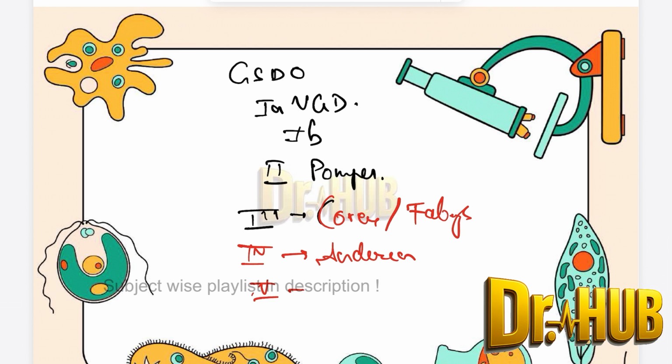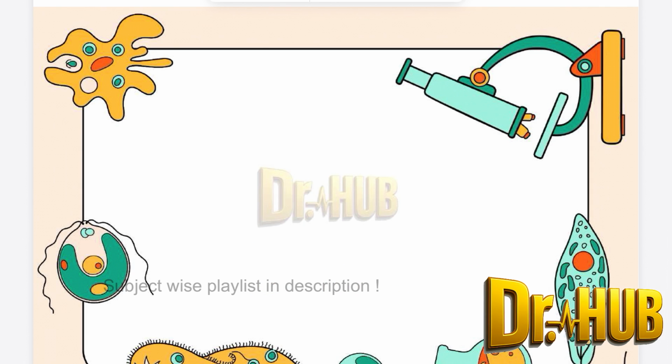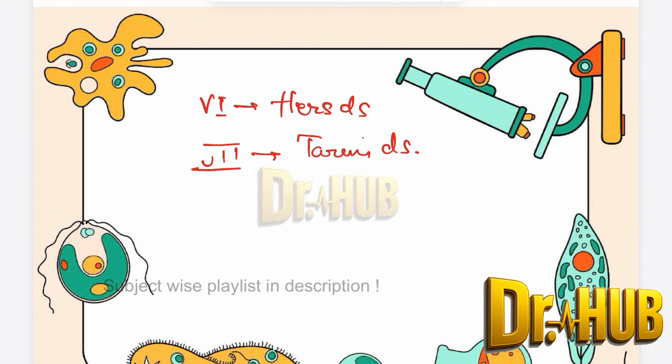Next, type 4 was Andersen's disease, type 5 is McArdle disease, type 6 was Hers disease, and type 7 was Tarui disease. So this was about the GSD disorders.